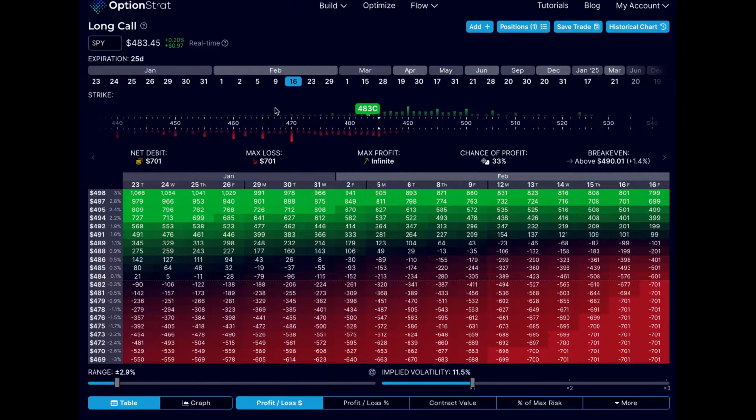So now that we've taken a look at this in the table mode, I'm going to take you to the graphs mode. Now, before I do, I want you to realize that the graphs mode is essentially taking a column here and plotting out a column. What I mean by that is, let's just take a look here at the 29th.